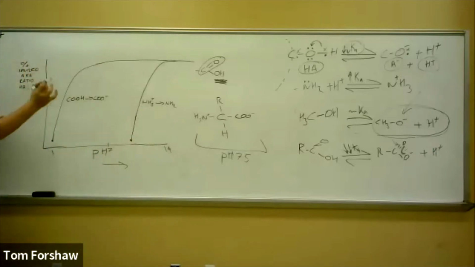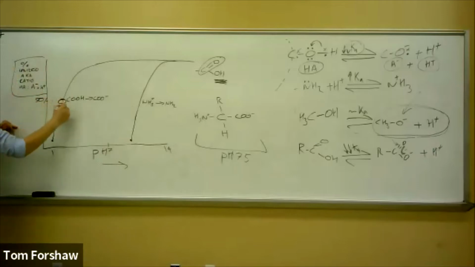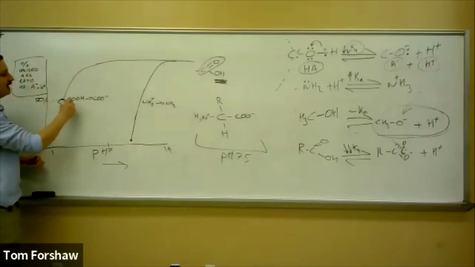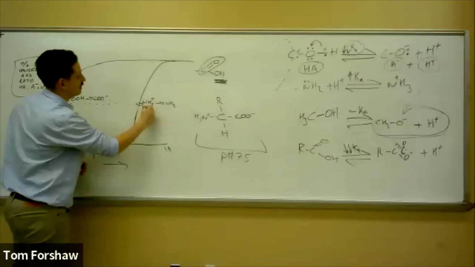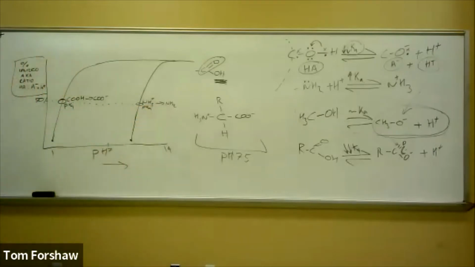So the midpoint at which this is 50%, remember this is the percentage ionized. The midpoint at which this is 50% ionized. That's 50%. This pKa. Remember, pKa is the point at which something is 50% ionized.